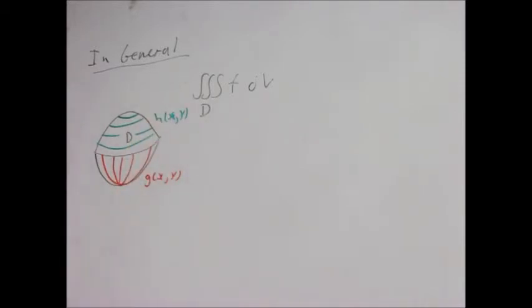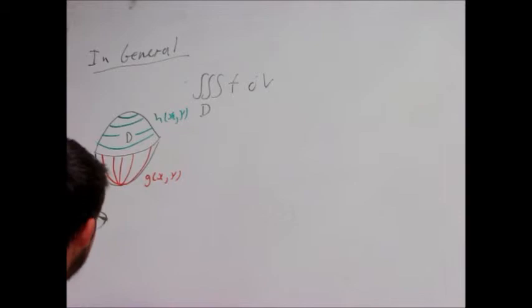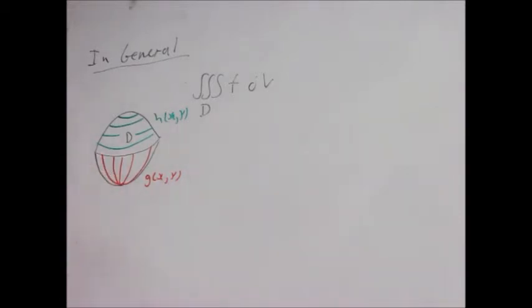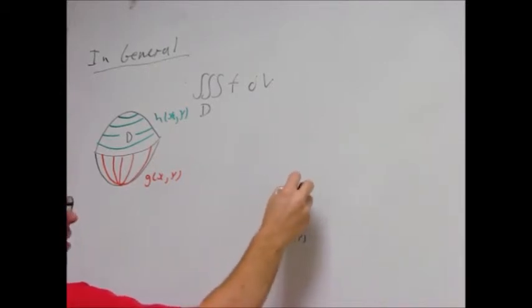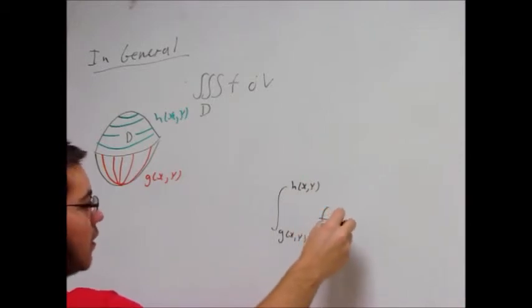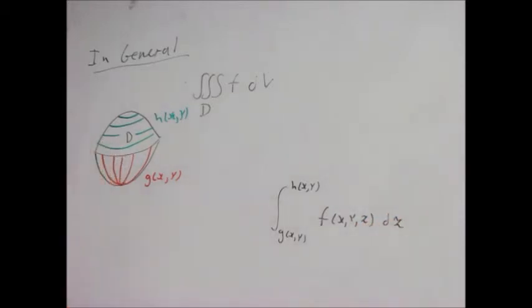So what we would do here is you would be integrating these. First, you want to come up with a way to slice this solid. So first, you would consider these two functions. And so your inner integral would become the integral from g of x, y to h of x, y of f of x, y, z dz, because that's where z goes.